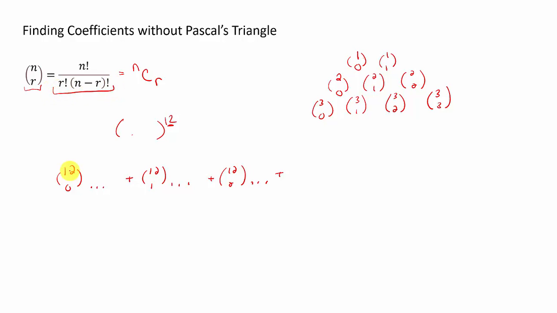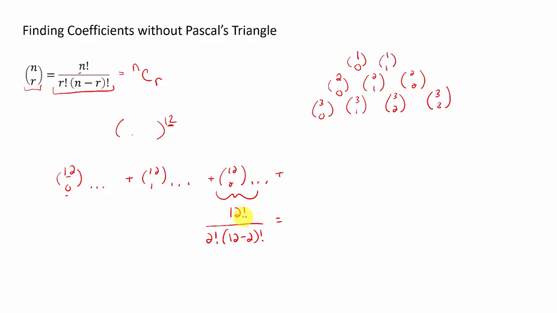And so remember that this number is n and this number is r. So if I wanted to do, let's do this one, 12 choose 2, I would actually have 12 factorial on the top where the n is, and then I would have 2 factorial times 12 minus 2 factorial.